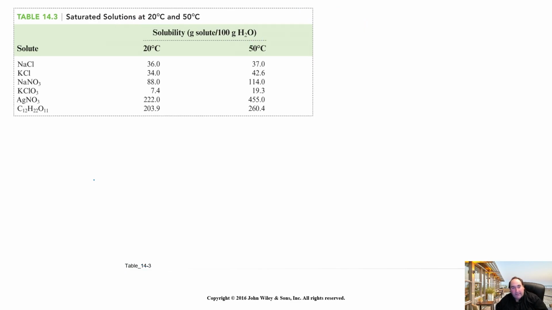All right, let's take a look. Here's another table. This is actually between 20 degrees and 50 degrees. Same thing: how many grams of these guys we could get dissolved. We'll do potassium chloride. Why not?